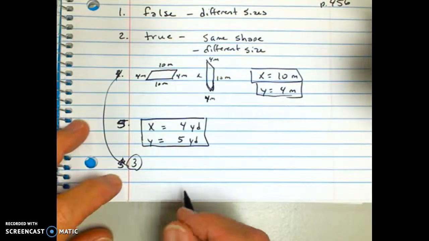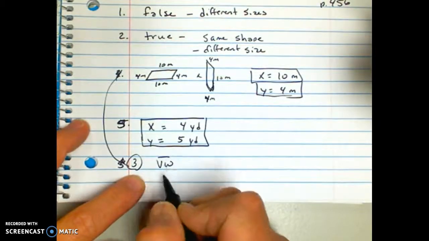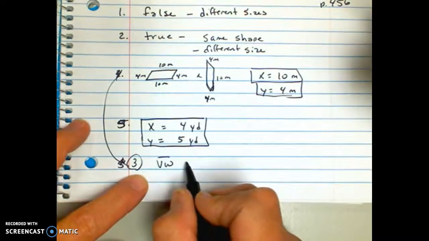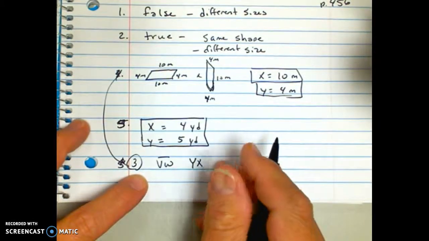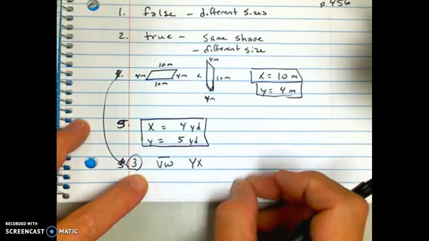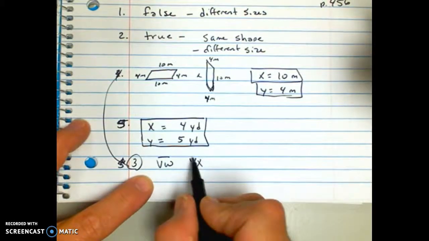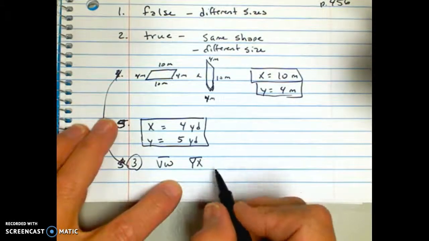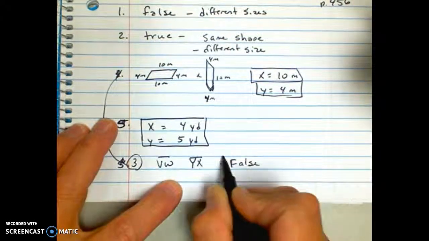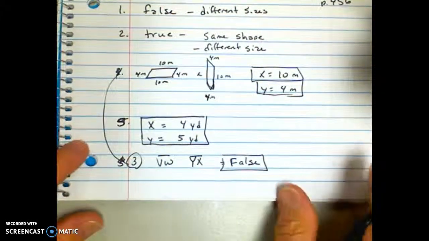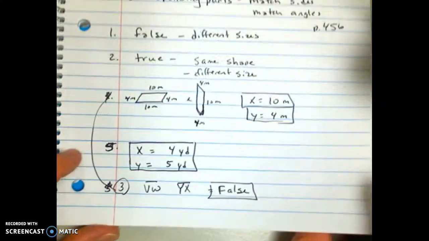So in the figures, line segment VW corresponds to line segment YX. VW goes from an acute angle to an acute angle. YX goes from an acute angle to a right angle. So if we say that those correspond or match, the statement is false. That's not true. Okay? They don't match up. They don't lead in the same direction. Let's go to number 6.